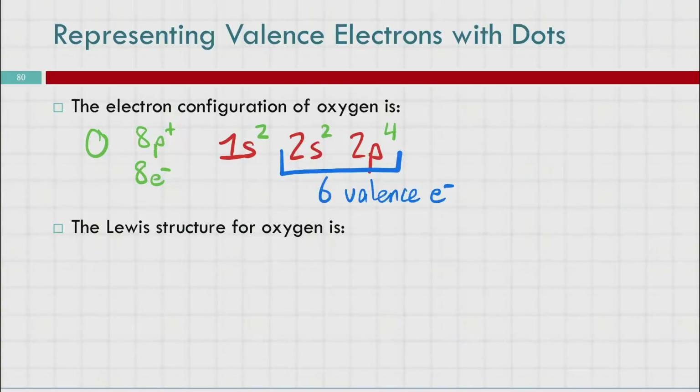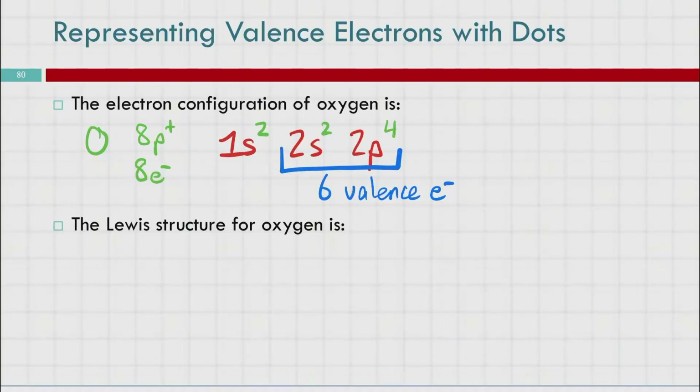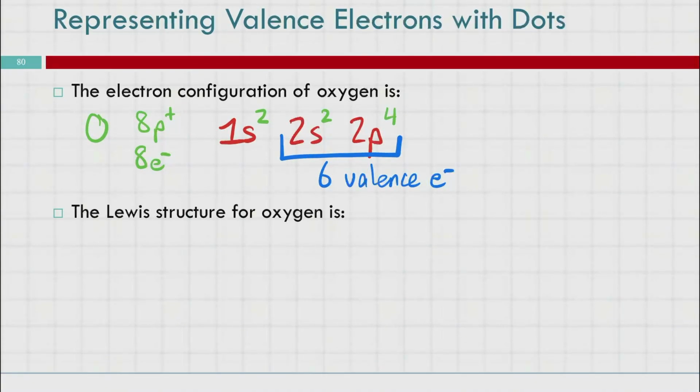Alternatively, using the shortcut, looking at oxygen where it is, group 16, 6A, it has 6 valence electrons. So our Lewis structure for oxygen, what's the symbol for oxygen? O. And we have 6 valence electrons, so we're going to put 6 dots around it. It does not matter where the dots go.